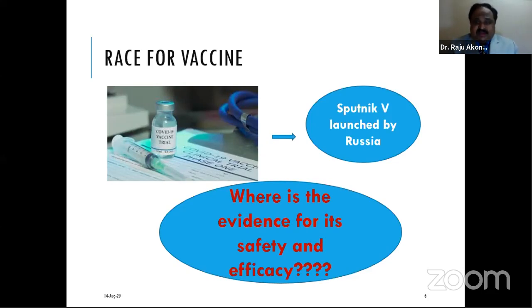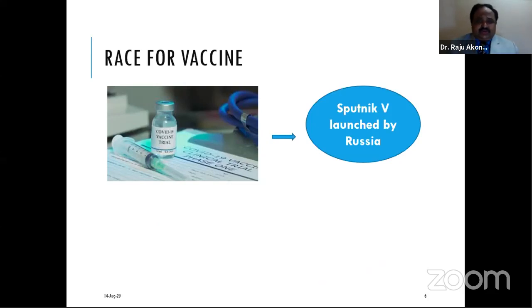So this is the idea why we need evidence, why we need to search for the evidence, right? Unless you have evidence, nobody will believe you, right? So you have to show them the evidence that this is the evidence I have for the safety and efficacy of my study, right?